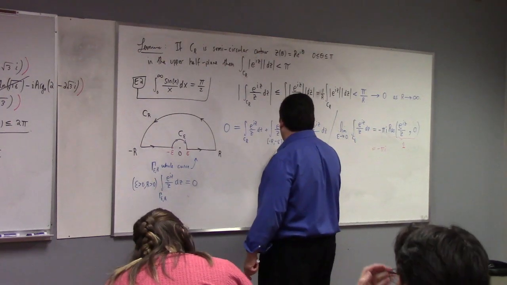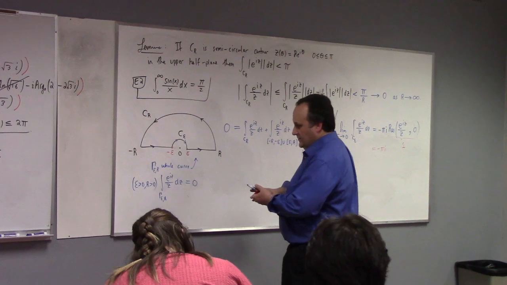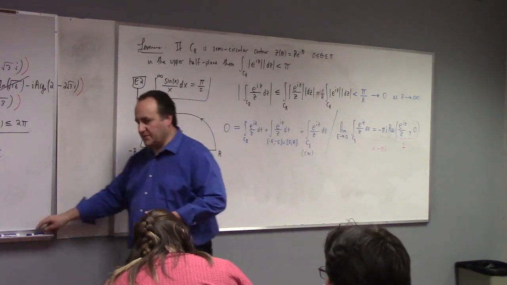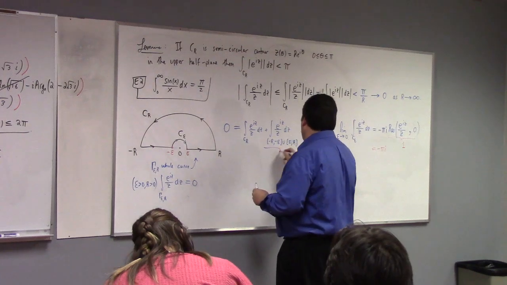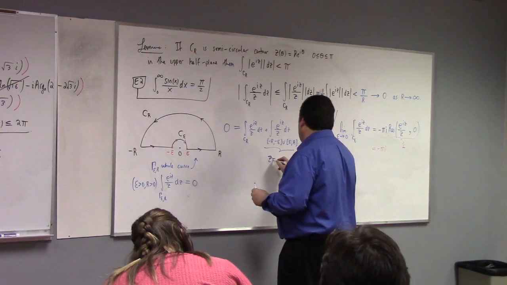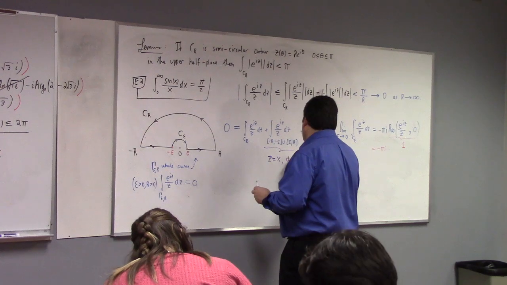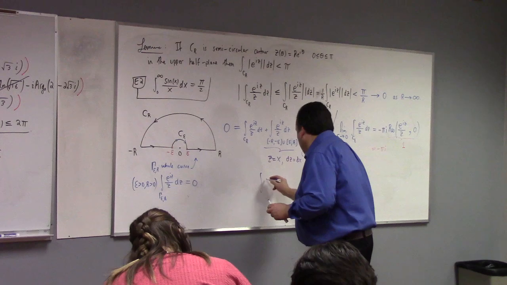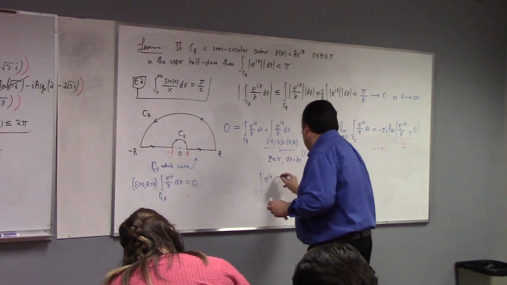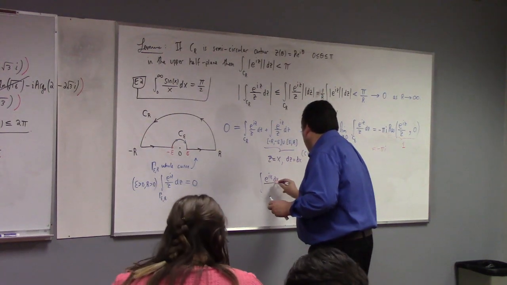Cool. So what we have in total here, and by the way, how about this middle piece? Here, z is equal to x, and dz is dx for this integral, right? So what this leaves us with is the integral of e to the ix dx over x.